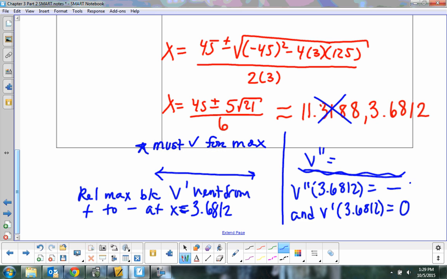With those 2 things, I know that I have a relative max. Okay, is that okay? Now answer the question in context.